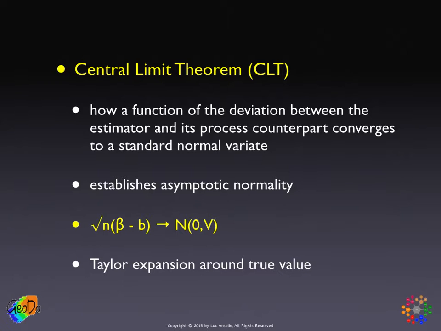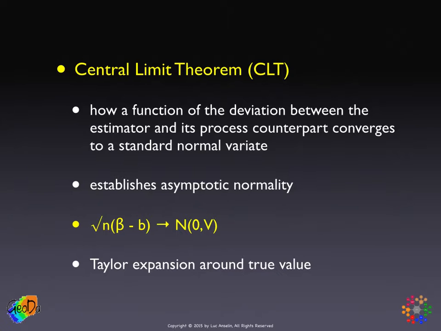And the way we do this technically, if you're interested in some of the mathematical detail, is we establish a Taylor expansion around a true value and then establish what happens to the different parts as we move to the limit, and use various properties to establish that this actually follows a normal distribution.